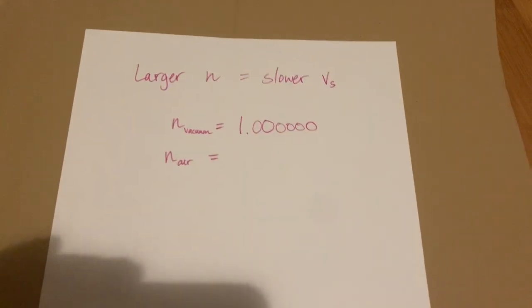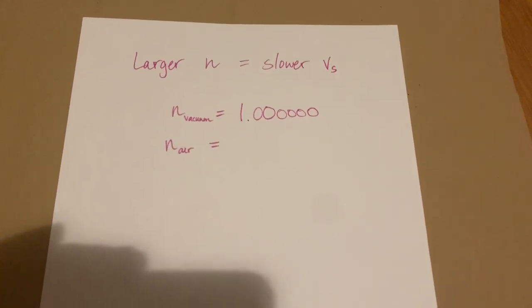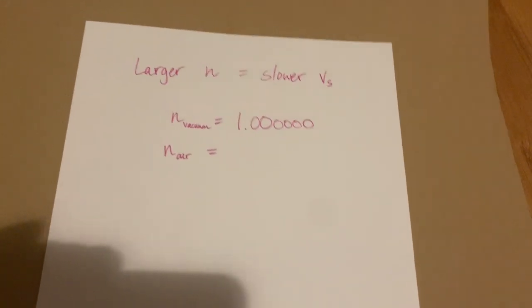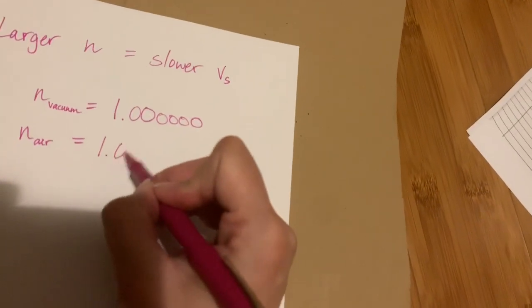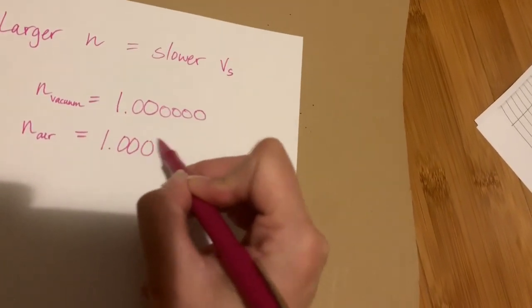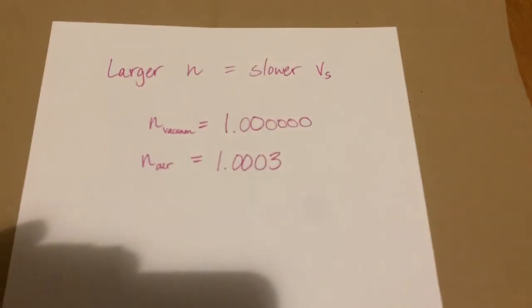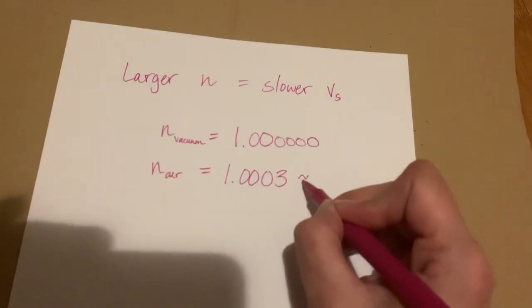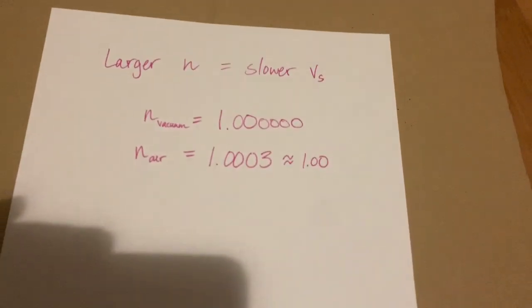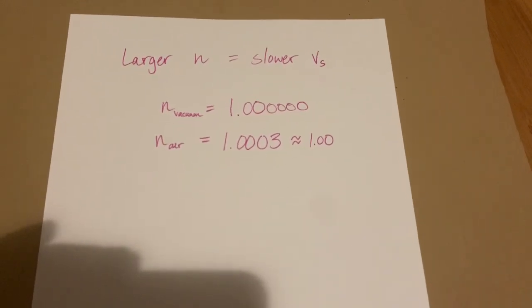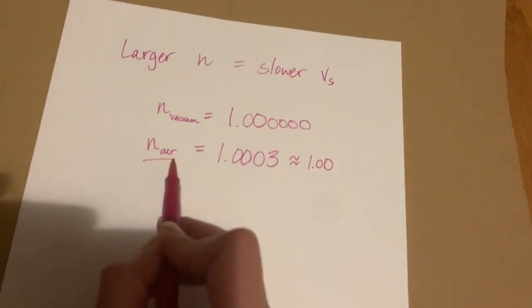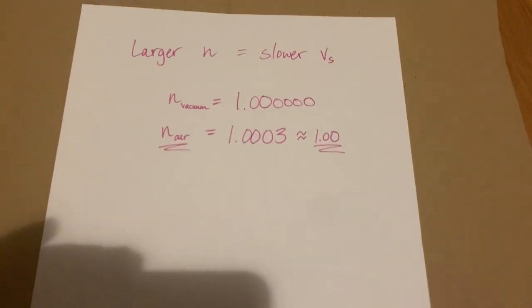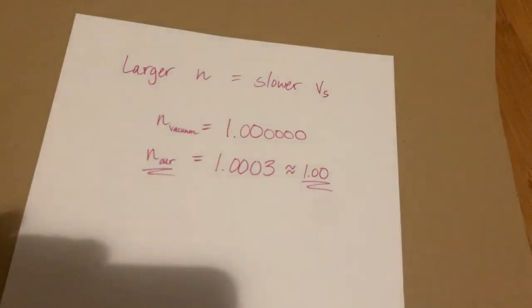Gases have very few particles, which means that it's not going to slow light down very, very much. And so air has an index of 1.0003, which is basically 1. So for the intents and purposes of this unit, when it asks you for the index of air, you're going to use 1 because air is pretty darn close to a vacuum.